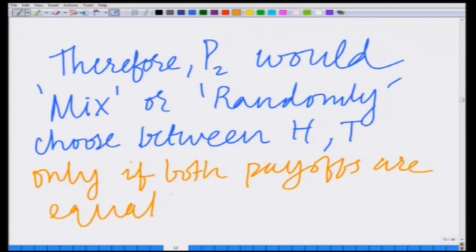Therefore, he would randomly choose between heads and tails only if both payoffs are equal.